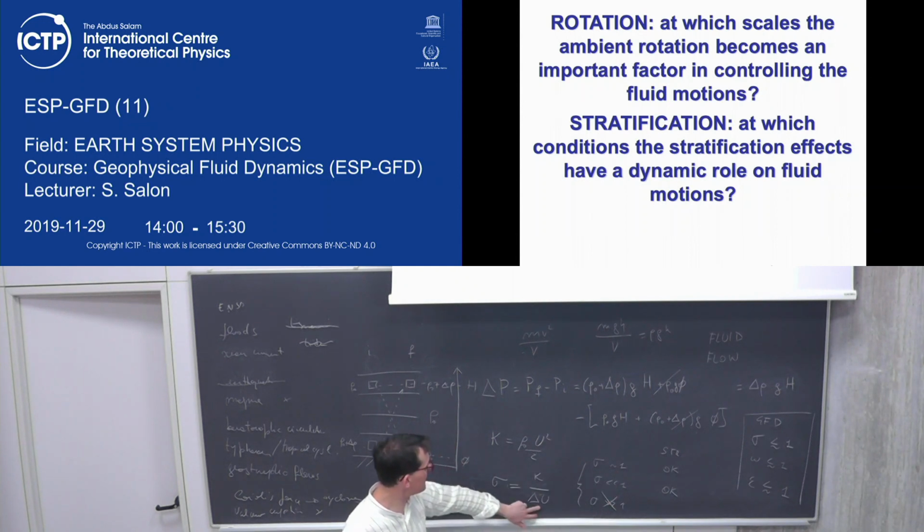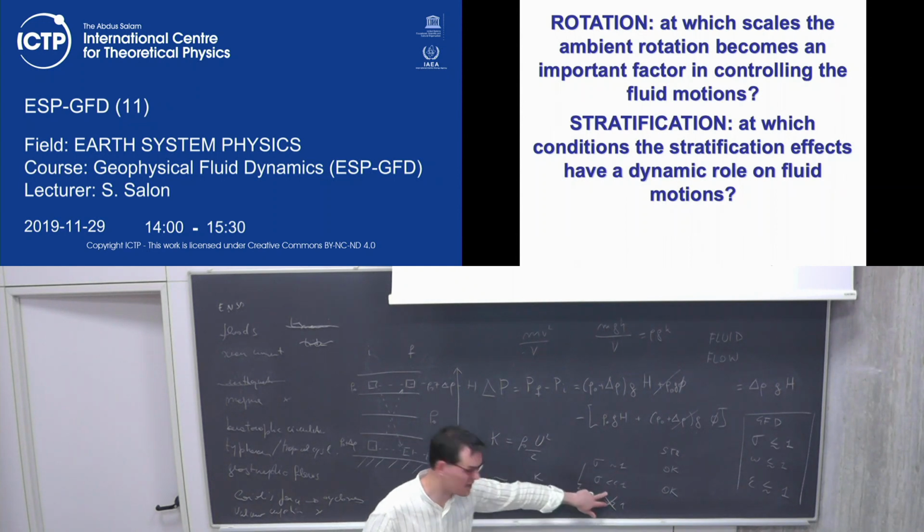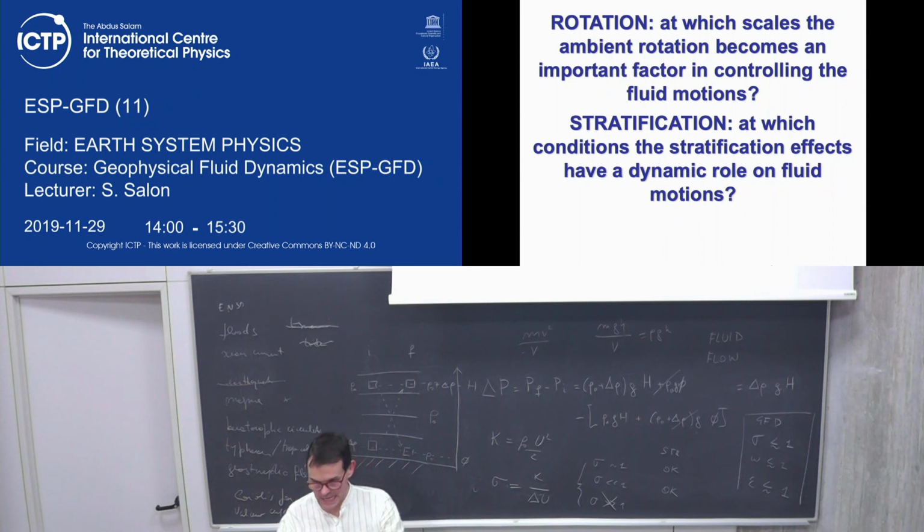So when you have a very strong density variation, you can even block the system. So the flow can be slowed by the stratification. Just keep it as something very intuitive, because we will give more detail in the rest of the course about that. Okay, very last thing.